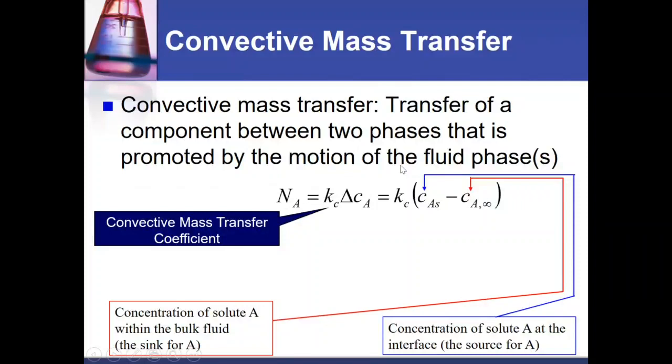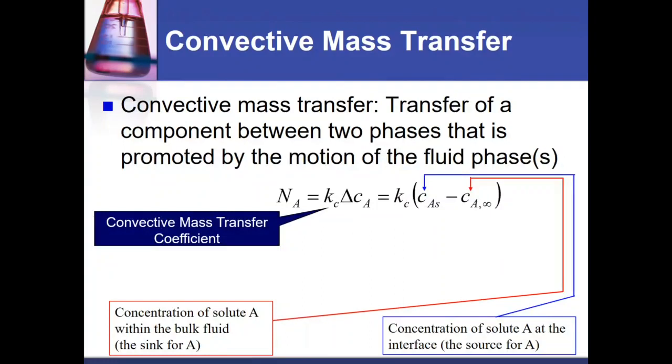If you remember in chapter 22, we said the general equation for the flux comprises two terms. The first one was the diffusion contribution, and the second one was the convective contribution.